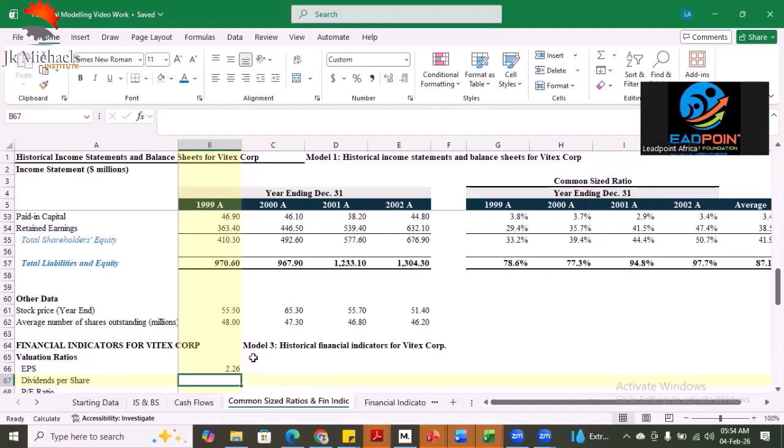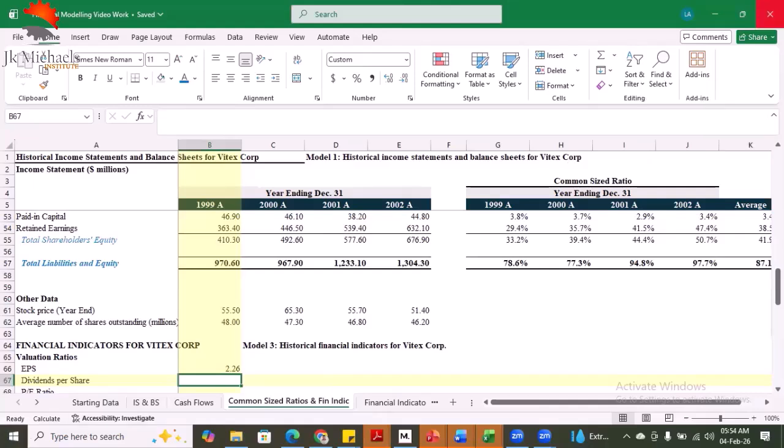Then we have 2.26. So if we took our net profit and distributed it across each of the outstanding shares the company has put out, then we're going to have $2.26 on every share.